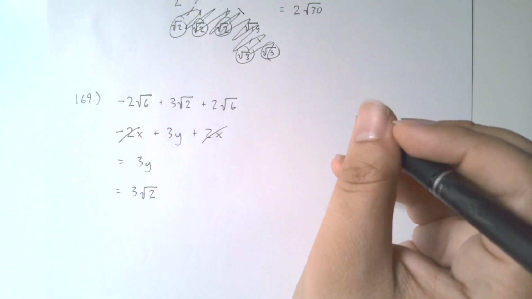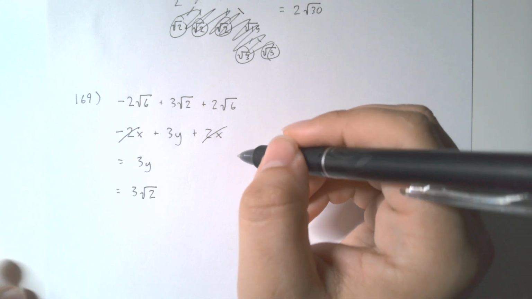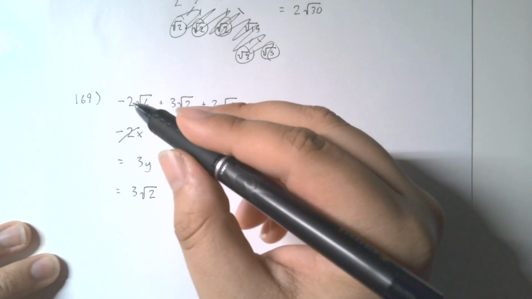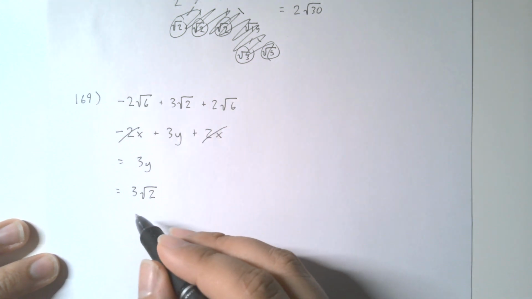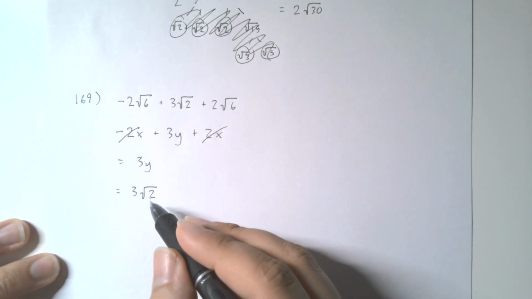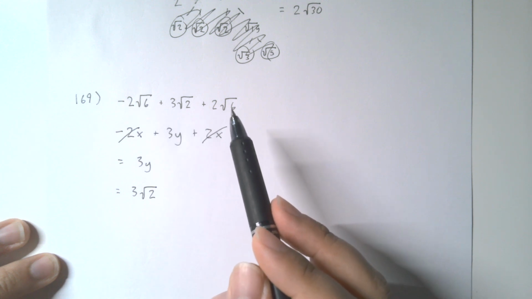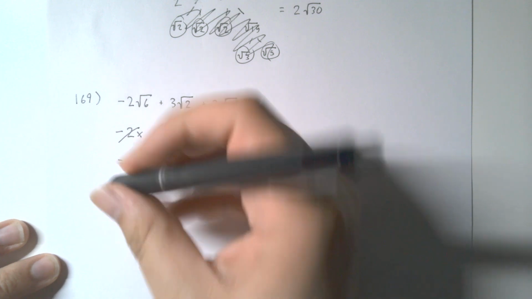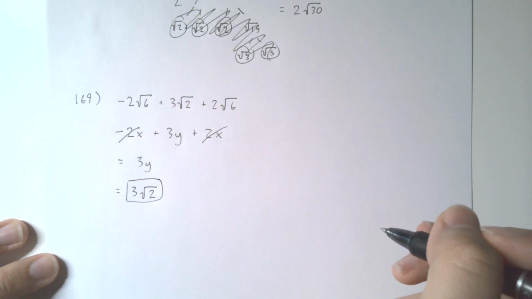So we don't have to do variable substitution every time. In fact, we're probably not going to do this again in this video. But this is to make the point that we can add these things just like we would variables. And so this is just 3 square root of 2, because this negative 2 square root of 6 and this plus 2 square root of 6 cancel out. And so for number 169, this is our answer.